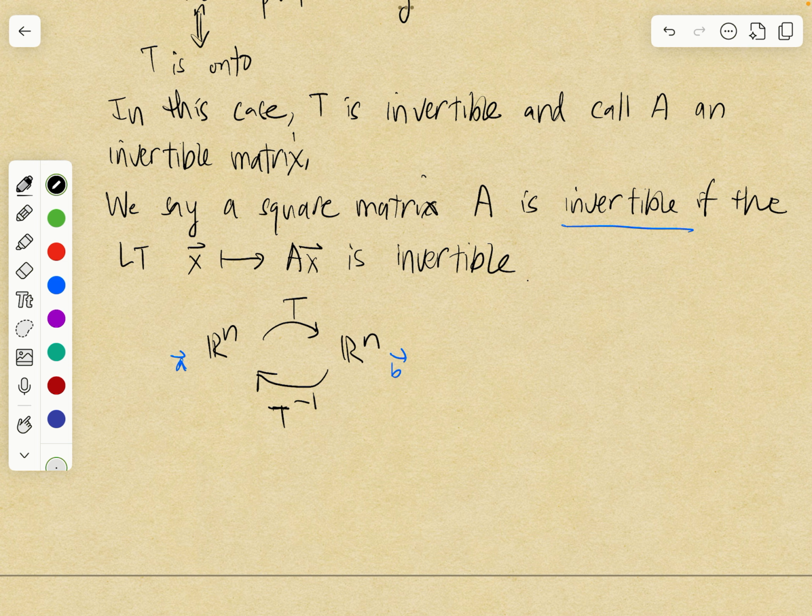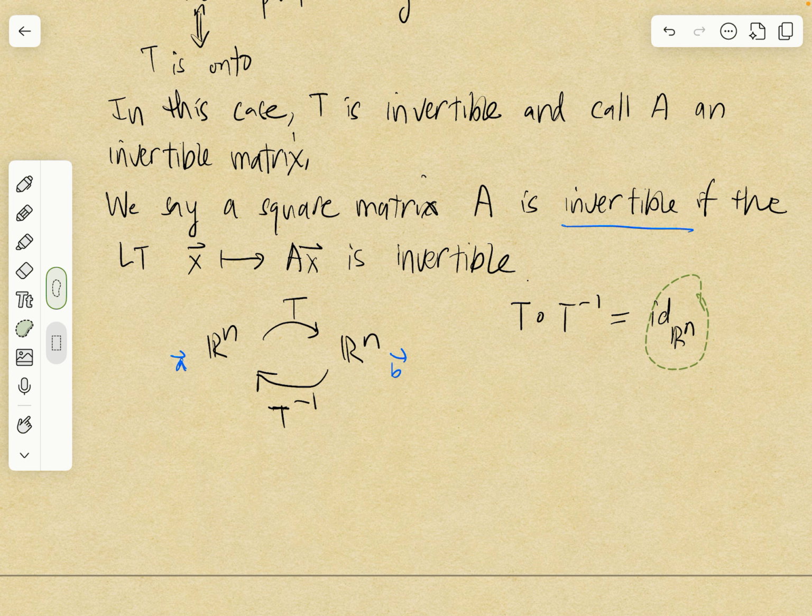And if you think of T composed with T inverse, this means do T inverse first. So it means take B to A and then apply T, and you're going to get B. And so T composed with T inverse is the identity mapping on Rn. Let's call it the identity mapping on Rn. This is the linear transformation represented by the identity matrix. It just doesn't do anything to any of the vectors.